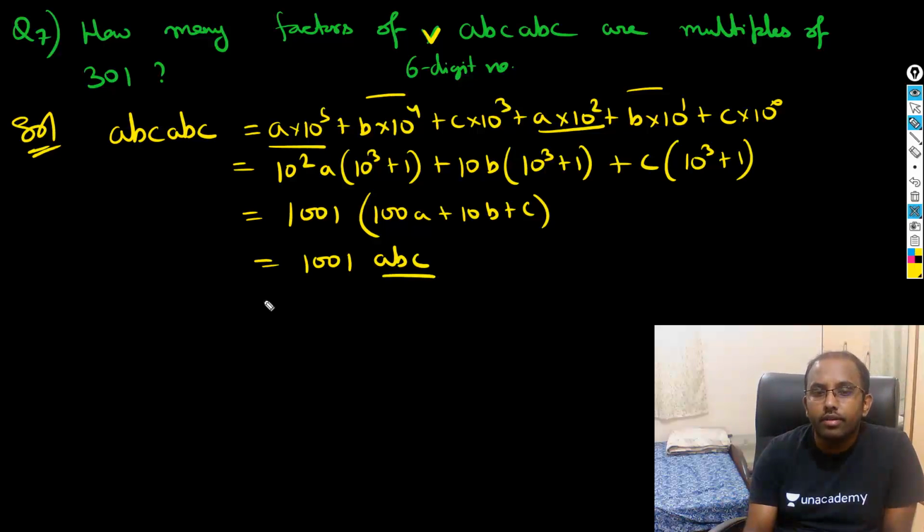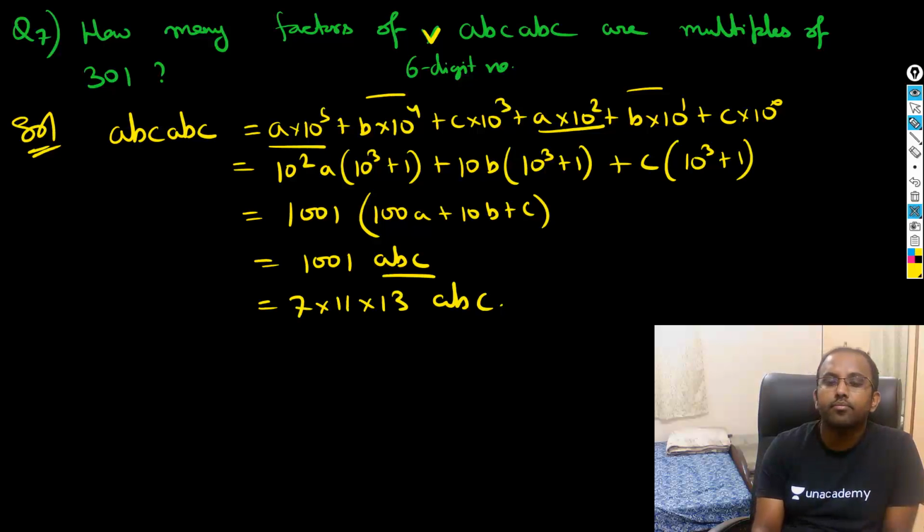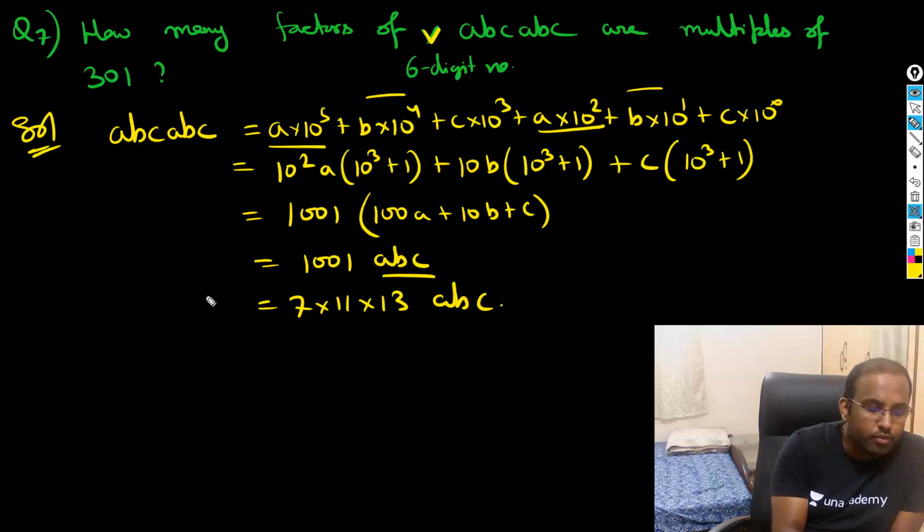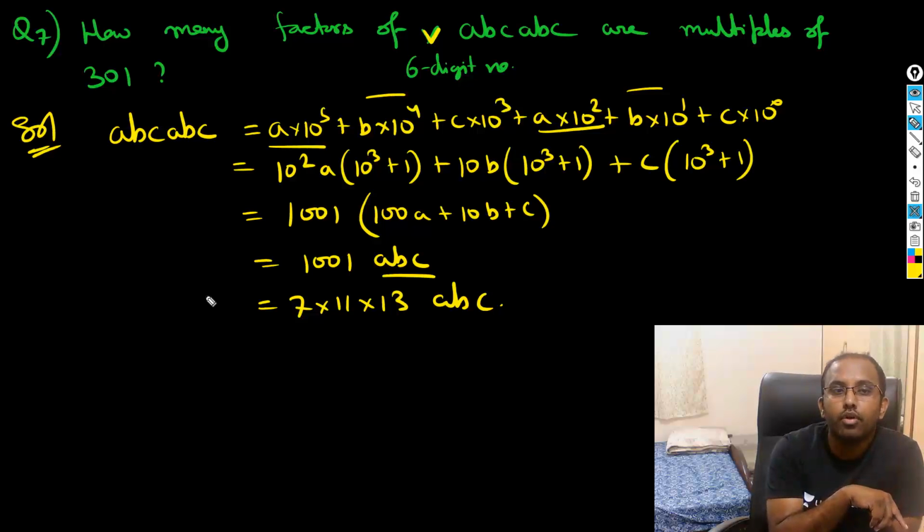And what is 1001? It is 7 into 11 into 13, into ABC. So once we write these questions in this form, guys, like 1001 into ABC form, what does it signify actually? This kind of question signifies that I'm looking for a multiple of 301.